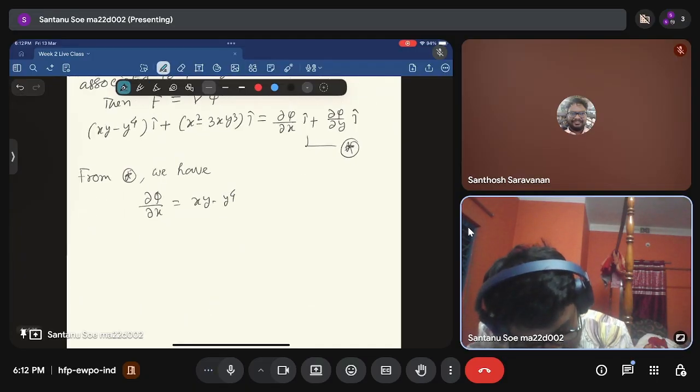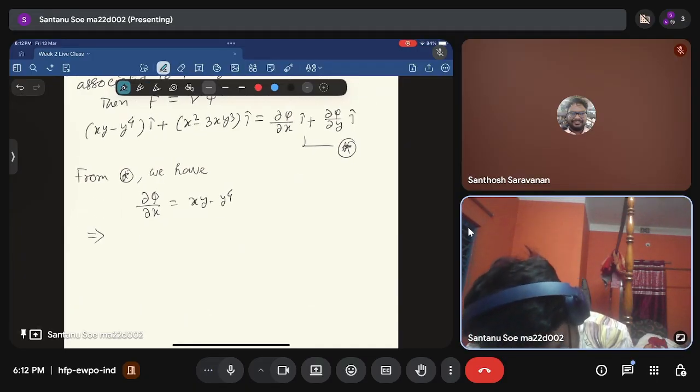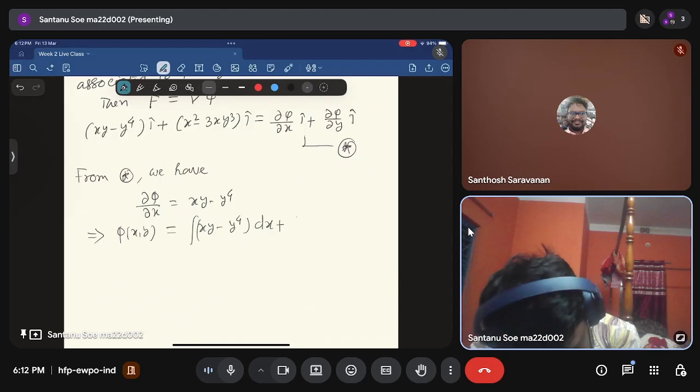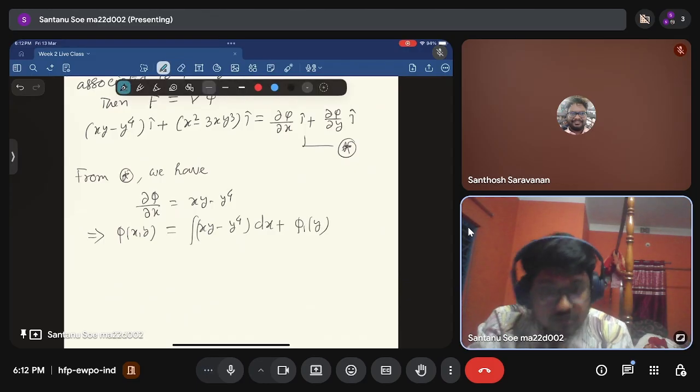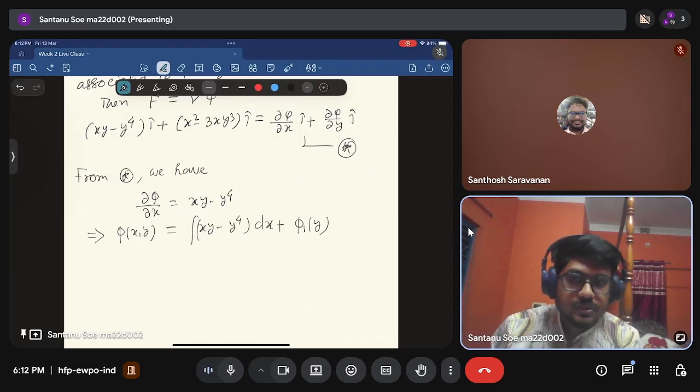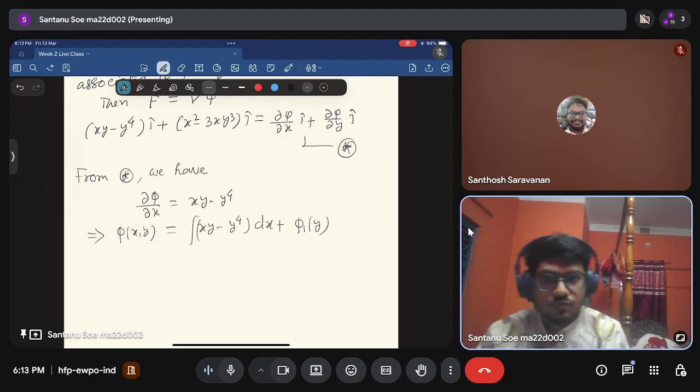Correct? So that means phi of x, y equals the integration of (xy minus y to the power 4) dx plus phi 1 of y. Since we are integrating with respect to x, we treat the variable y as a constant. So the constant after the integration will be a function of y instead of simply a constant, because there are two variables x and y.